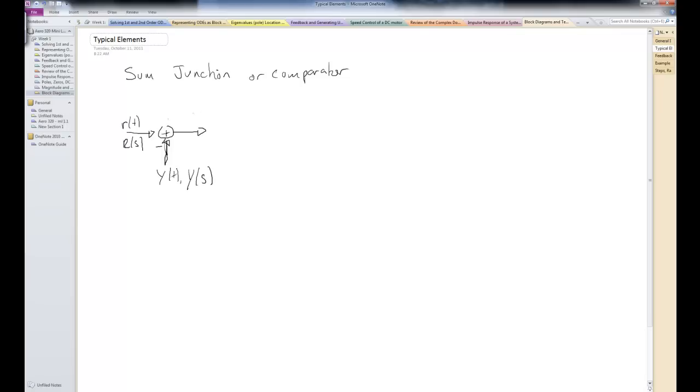And then by definition, the output of the comparator, we'll call it the error, is equal to the reference input minus the measured output, and we can take the Laplace of all of that, and so then the error in the Laplace domain is just the difference between the reference and the output in the Laplace domain. And again, we can have as many pluses and minuses that we want here, and we could add accordingly.